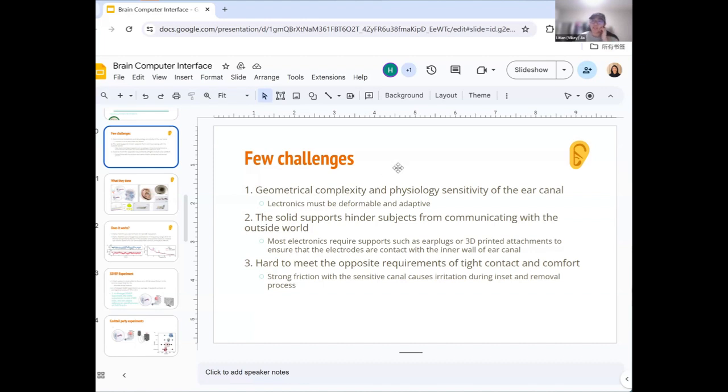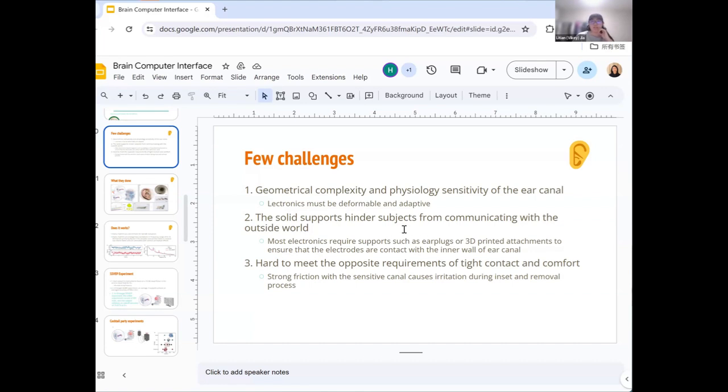The second thing is that for those materials we usually need a solid support, like earplugs or a 3D print attached to the BCI, but most of the time that lowers the signal between the outside world and the device itself.